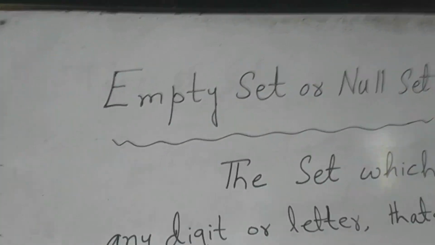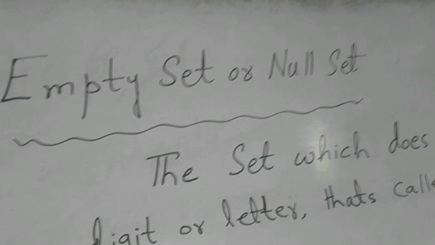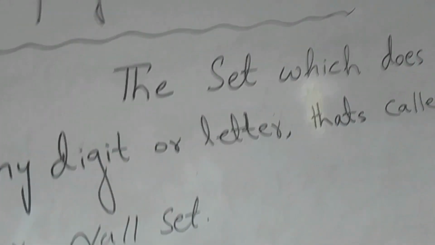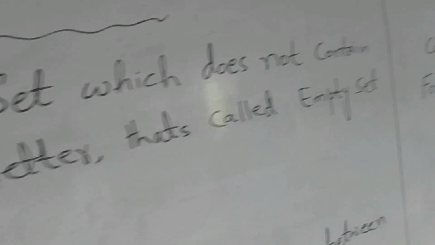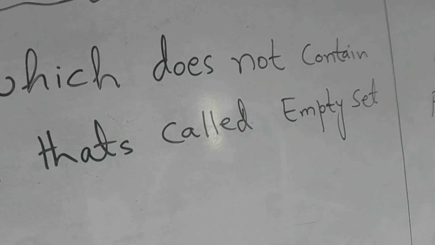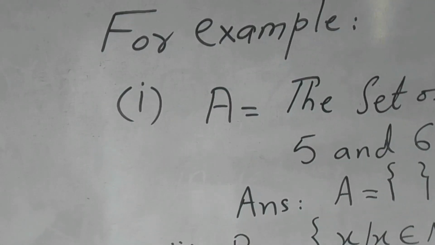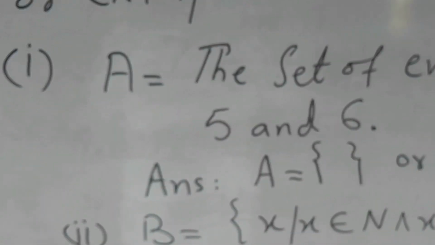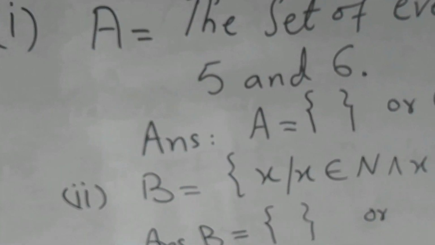So the boys, we are now going to know about the empty set or null set. The set which does not contain any digit or letter is called the empty set or null set. For example, number first, A is equal to the set of even numbers between 5 and 6.